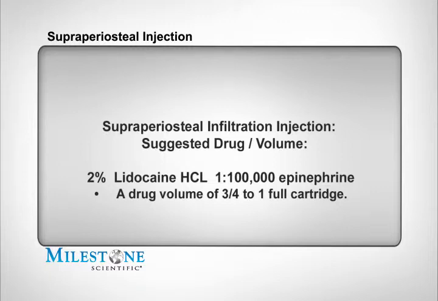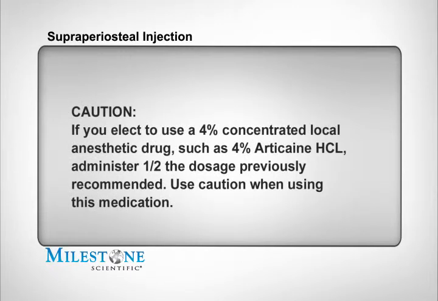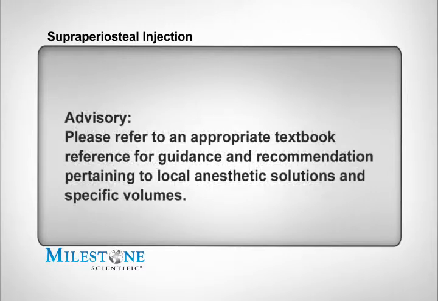A drug volume of 3/4 to 1 full cartridge is the suggested volume when performing the supraperiosteal infiltration. If you elect to use a 4% concentrated local anesthetic drug, such as 4% articaine HCl, use 1/2 the dosage previously suggested and use caution when using these medications. Please refer to an appropriate textbook reference source for guidance and recommendation pertaining to local anesthetic solutions and specific volume.